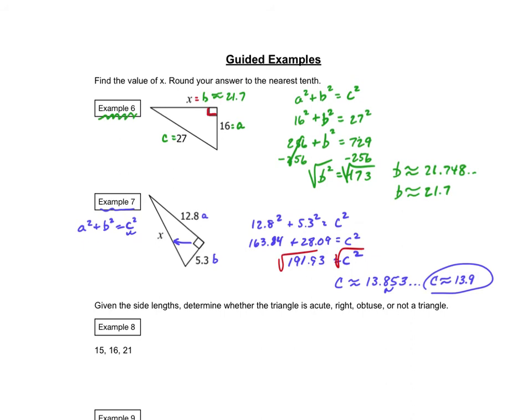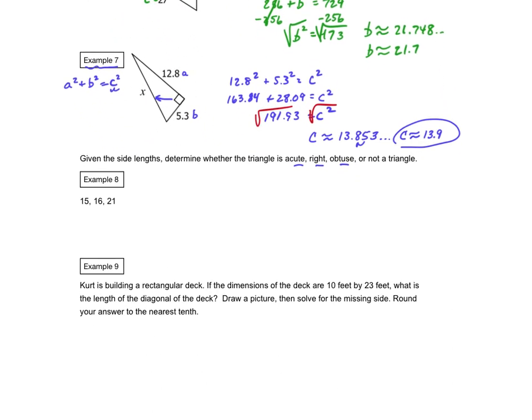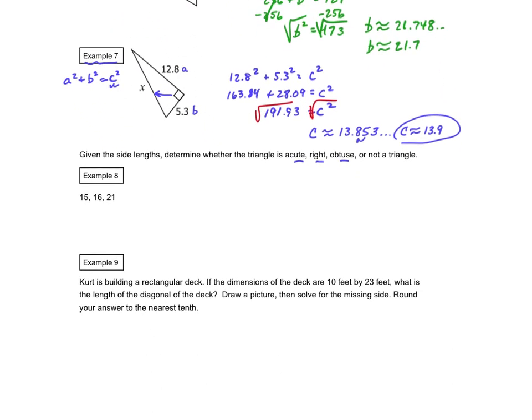Let's see here. We have another example of, given the side lengths, determine whether the triangle is acute, right, or obtuse, or not a triangle. Not a triangle is probably going to go into our investigation in a different question, but knowing these are my side lengths of a triangle over here, I would have 15 as one side, 16 is another, and 21 is another.